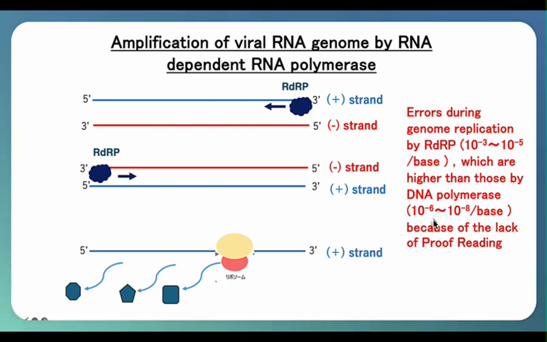This is approximately 1,000 times higher than replication by DNA polymerase, which is 10 to the minus sixth to 10 to the minus eighth per base. This high error rate is due to the absence of a proofreading mechanism.